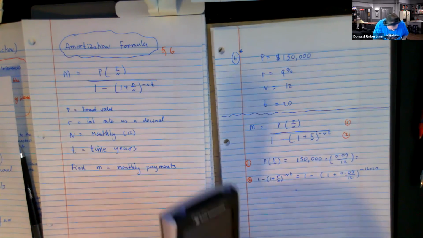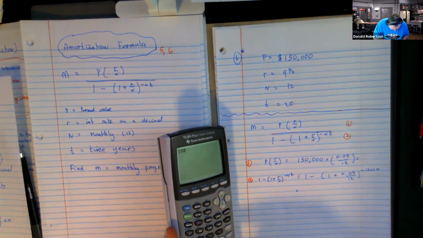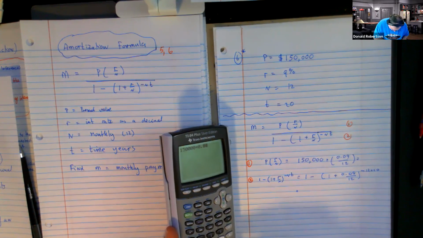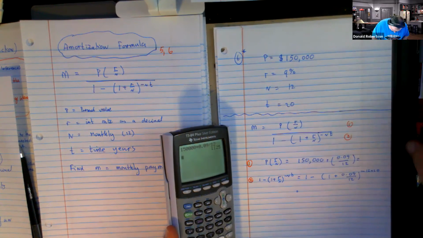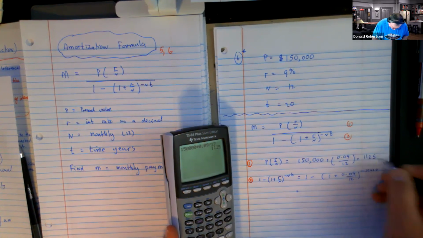I'll do one first since it's already set up. 150,000 times 0.09 divided by 12. So this number is 1125.